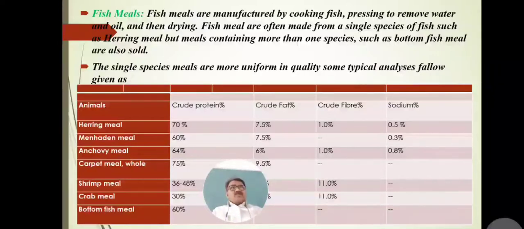But when more than two species are collected to form a meal, it is not uniform and not of the same quality. Hence, single species meals are more uniform in quality and quantity as compared to multi-species products.